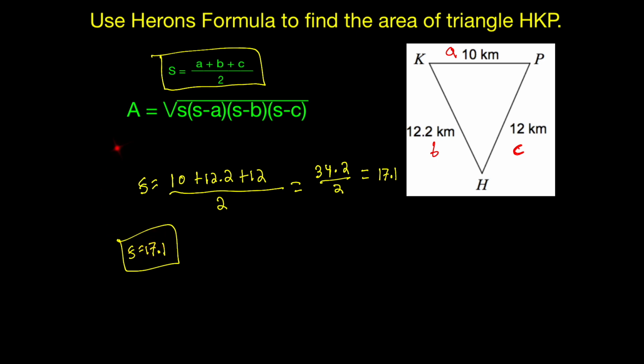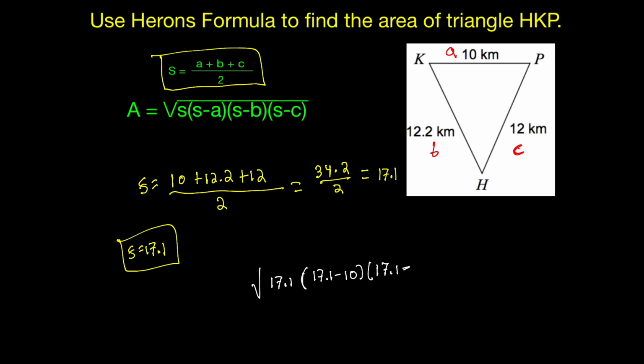Now that I have the value of S, I can calculate the area by using this formula. So I'm going to get the square root of 17.1, and then I'm going to multiply that with the quantity of S subtracted with A. Here that's going to be 10. So I'm going to get 17.1 subtract 10, multiply it with the quantity 17.1.